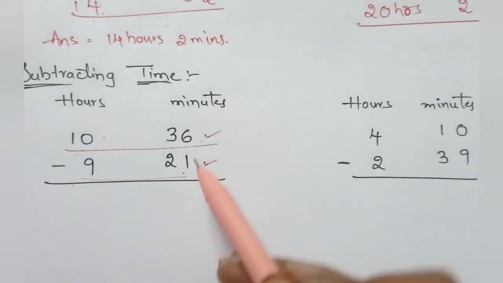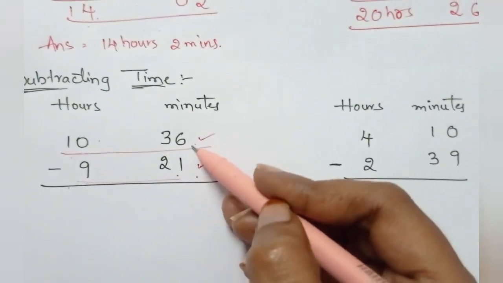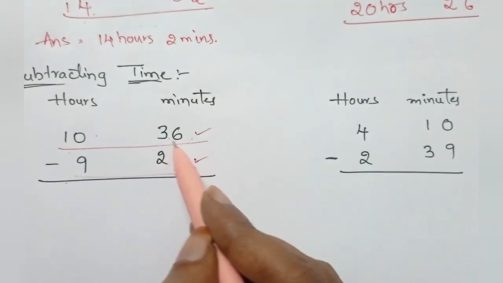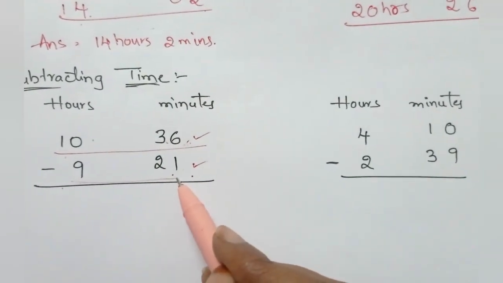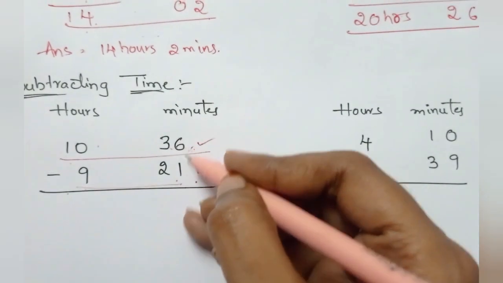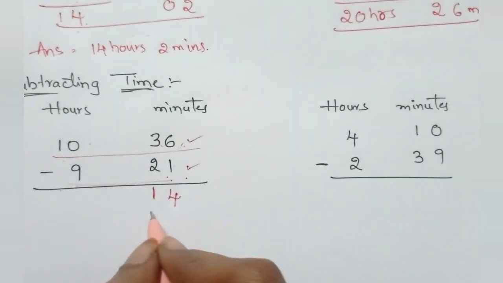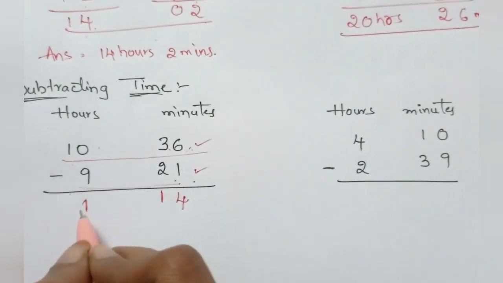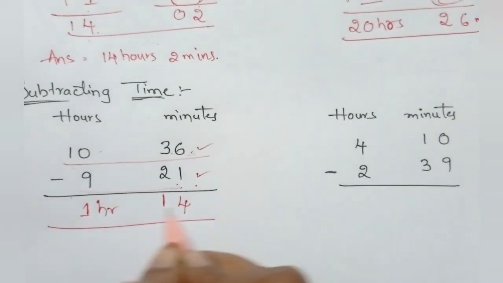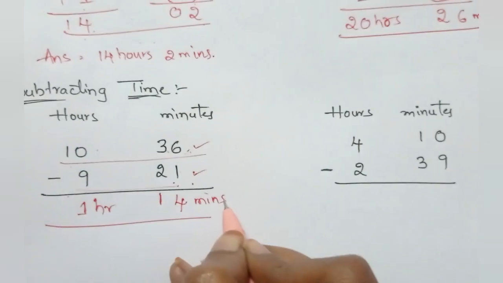First you check the minutes, 36 and 21, where 36 minutes is greater than 21, so you can subtract it. So 6 minus 1 is 5, 3 minus 2 is 1, 15 here, 10 minus 9 is 1. So the difference here is 1 hour 15 minutes.